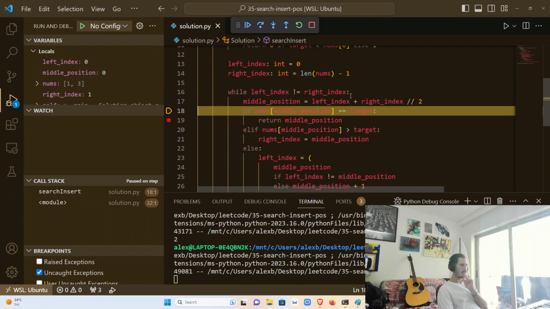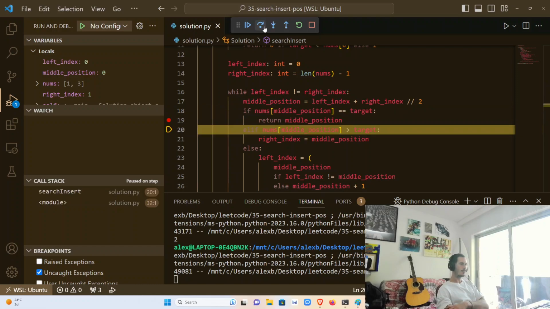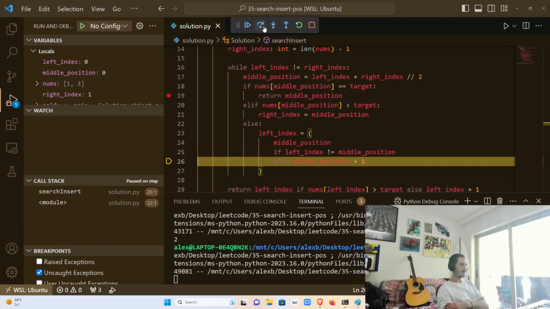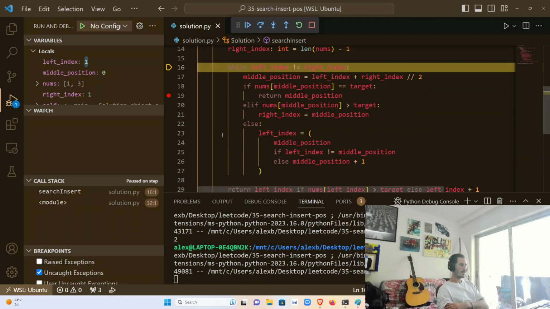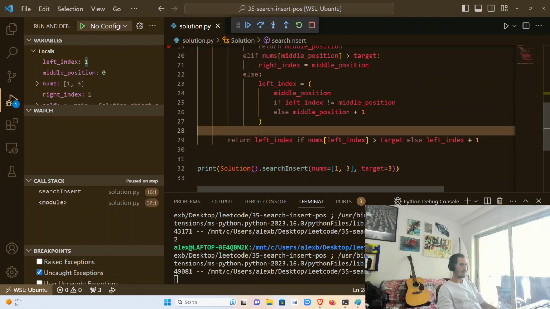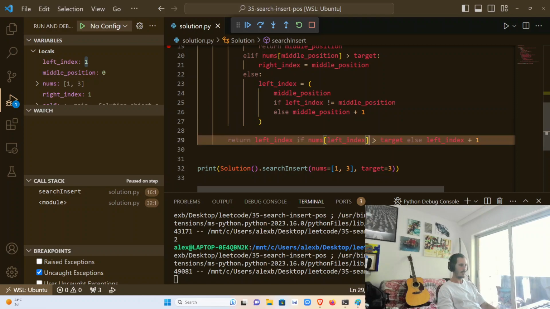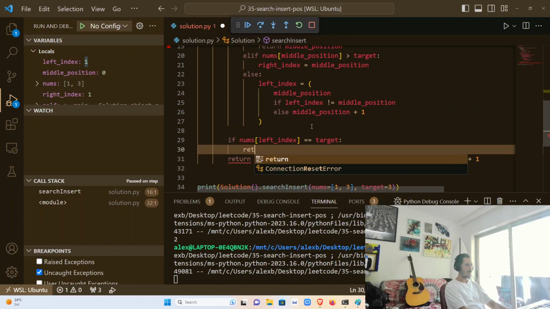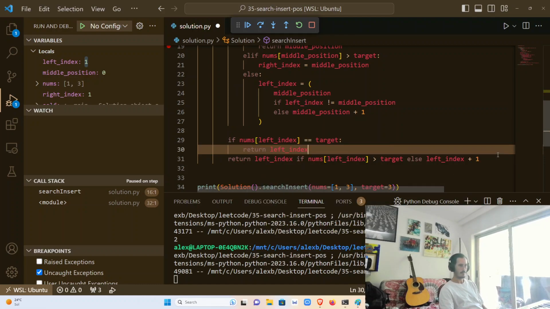So left index is 0, right index is 1, middle position is 0. Okay, and we check the number of middle position. And then of course, I think we need to check if nums of left index equals target, then return left index.